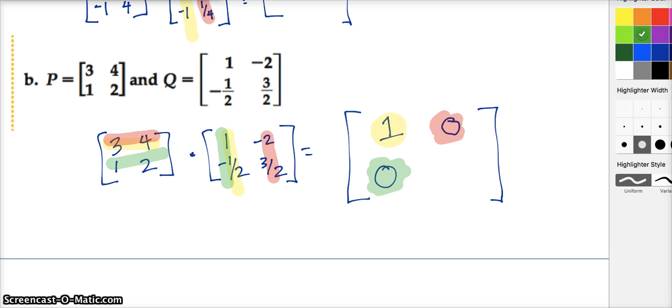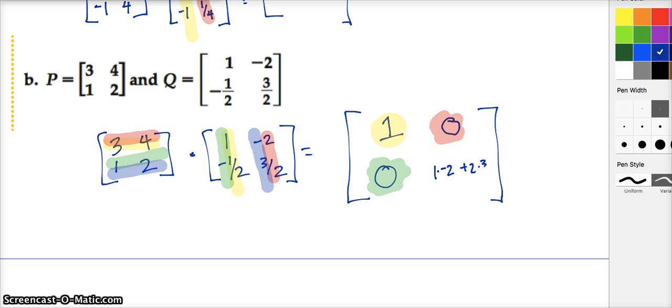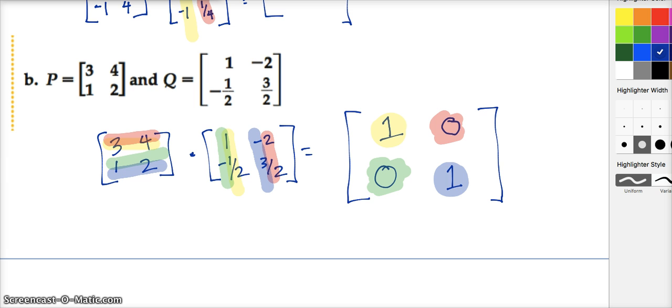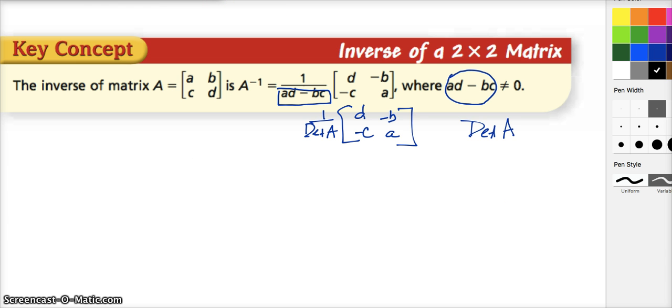Hopefully it's a 1. 1 times -2 plus 2 times 3/2. 1 times -2 gives me a -2 plus 3 does give me a +1, guys. I think we got it. This last one does indeed give me an identity matrix, and so I know that P and Q are inverses of each other. So let's look at this next example.